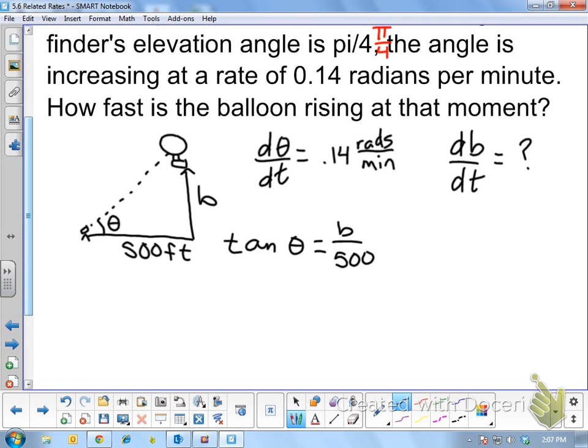Let's take the derivative of our equation. What's the derivative of tangent? Secant squared. But when I take the derivative, what do I have to multiply by? D theta dt. What about the other side? B over 500.